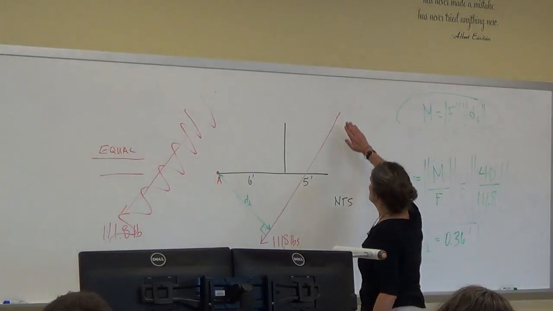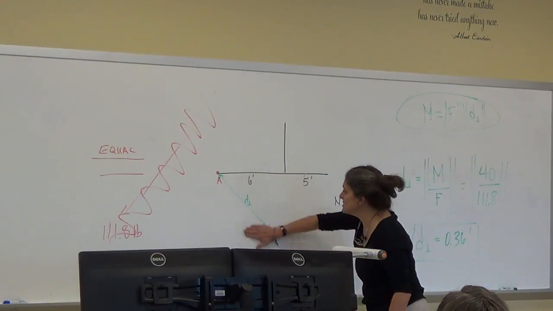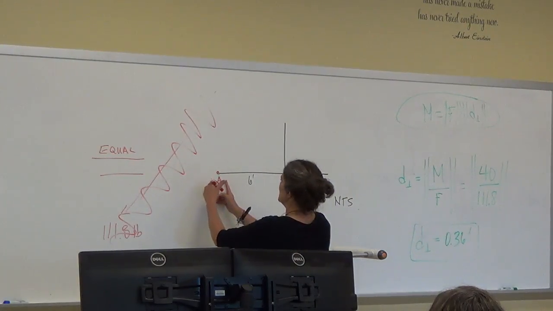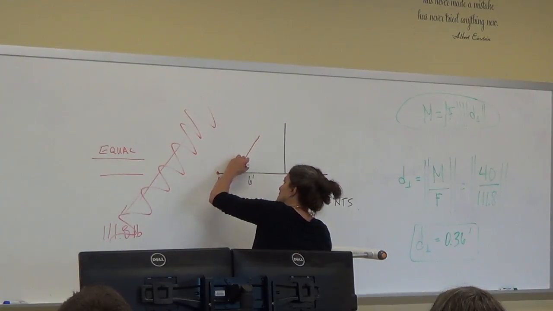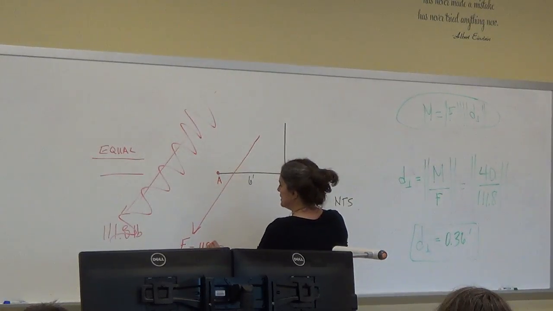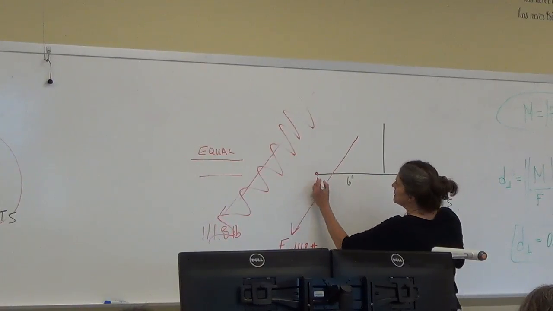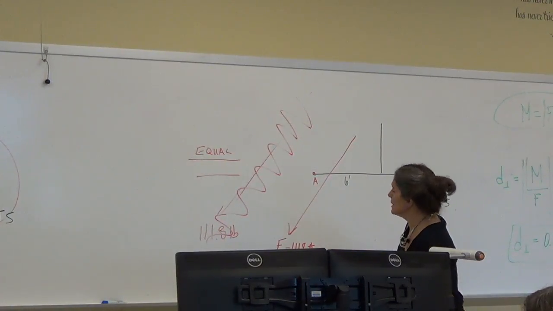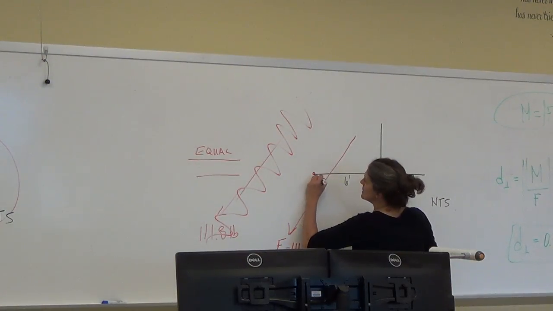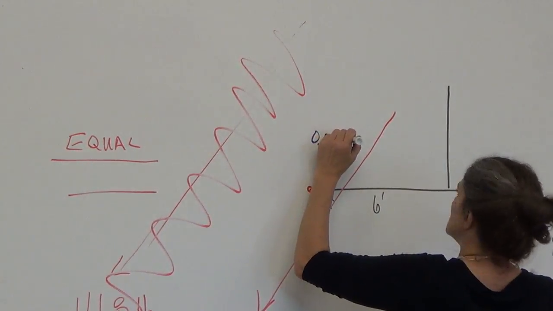So where do I have to put this force? If I am drawing somewhat to scale, and this is 6 feet, it's got to be somewhere here. I'll exaggerate it. The resultant force is 111.8 pounds. And this perpendicular distance right here, does everybody see that? This is the perpendicular distance, and it is 0.36 feet.